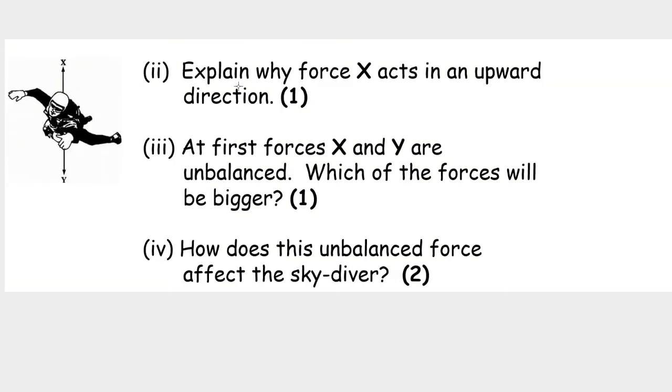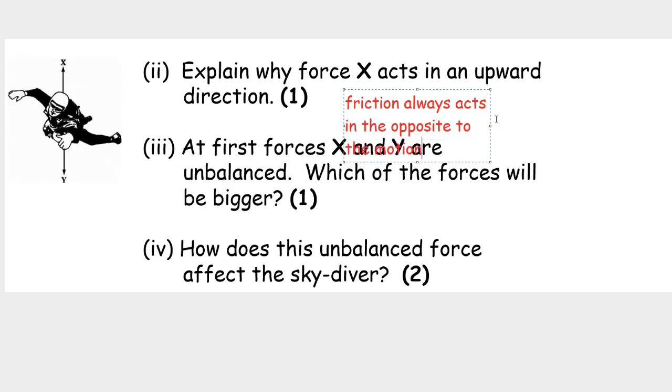We've been asked, first of all, explain why force X acts in an upward direction. Now you should know that friction as a force always acts in the opposite direction to the motion.